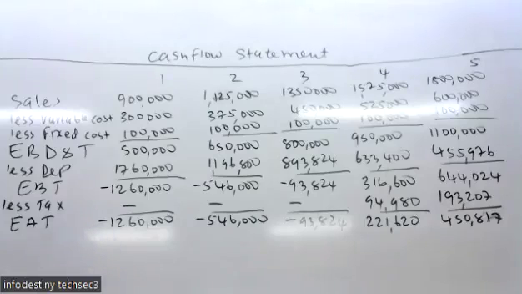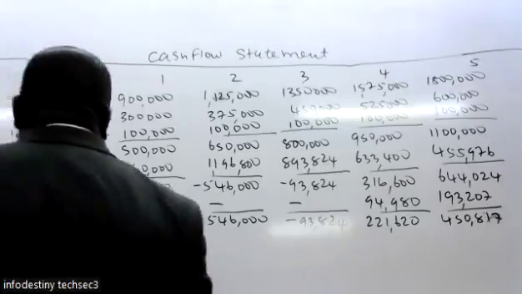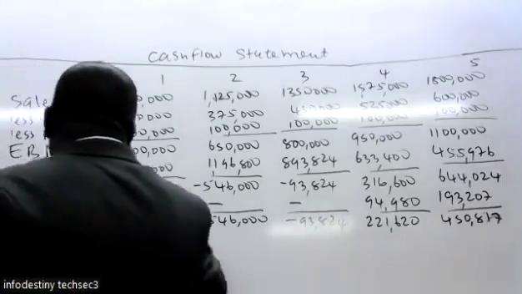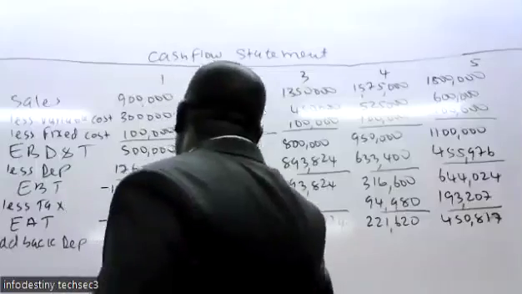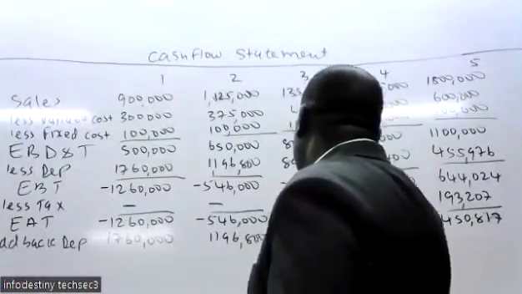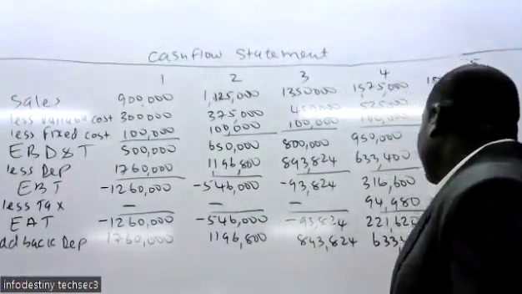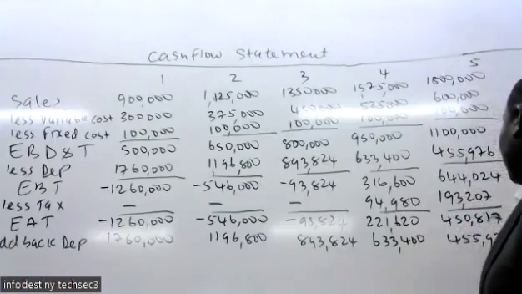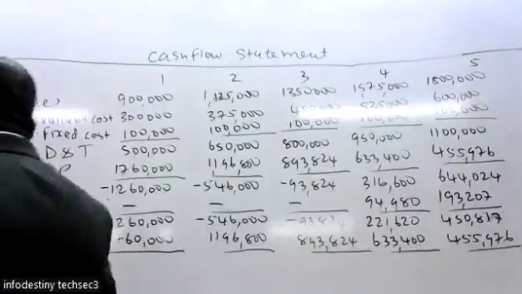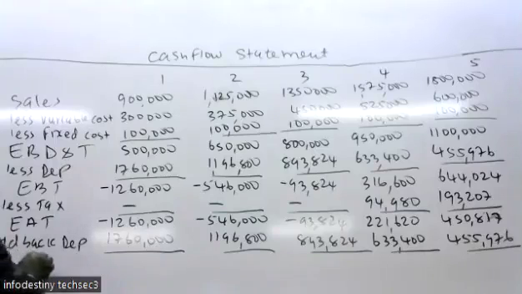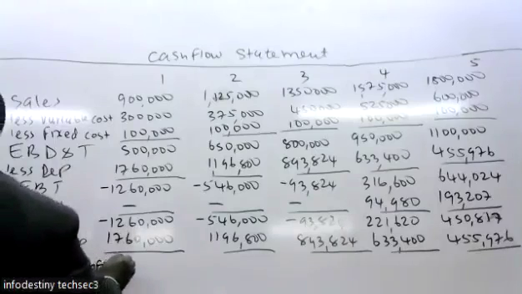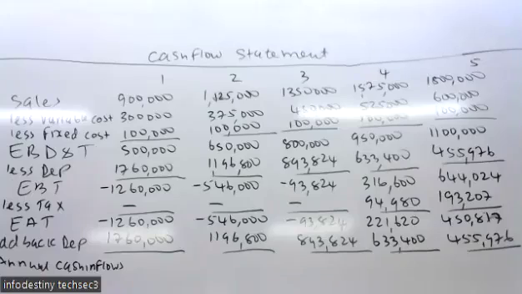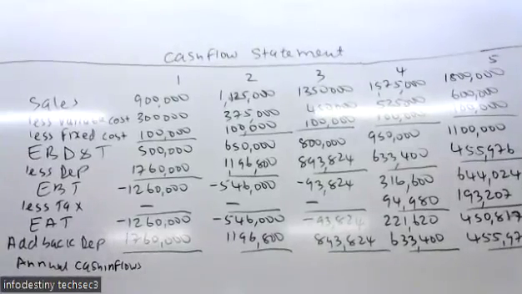So you add back the depreciation so that you now get the annual cash inflows.